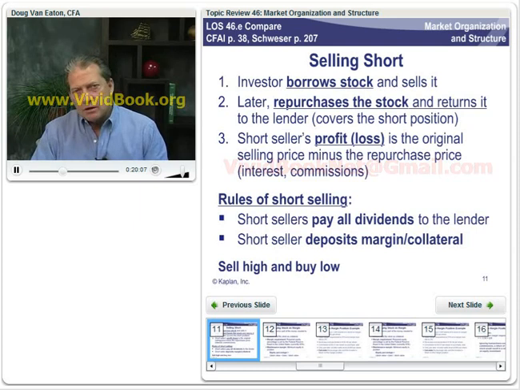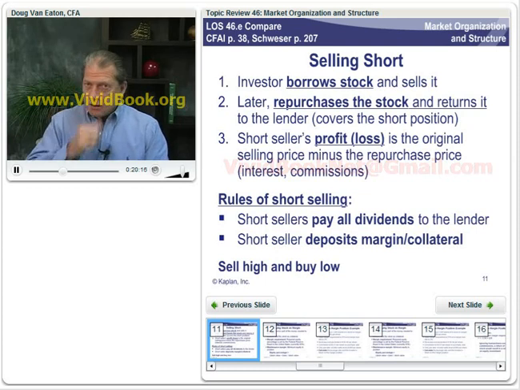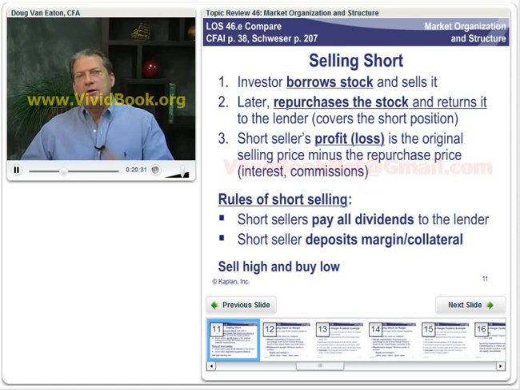So it's not a matter of your credit worthiness or anything. It's a matter that you make the required deposits either in cash or treasury bills or something like that. And then it's negotiated with the brokerage firm who's getting the interest on the proceeds of the short sale itself. So instead of buy low, sell high, we just reverse it with short selling. We'll sell high, and the idea being to buy low.